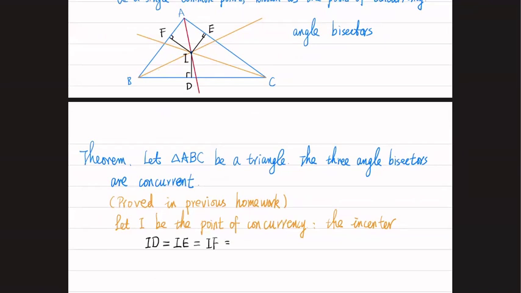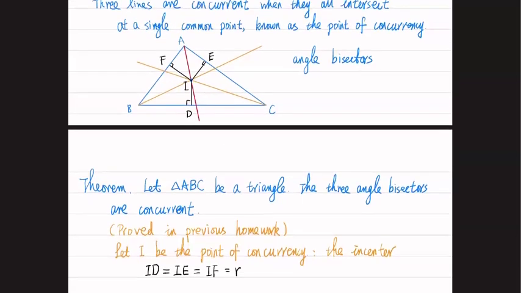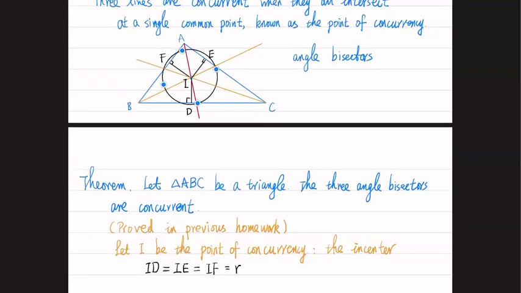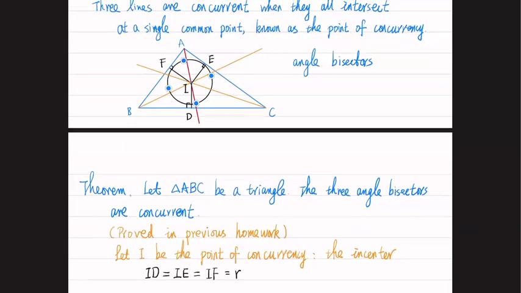If we label this as the radius R, we can draw the circle centered at I with radius R. Let me make this bigger.